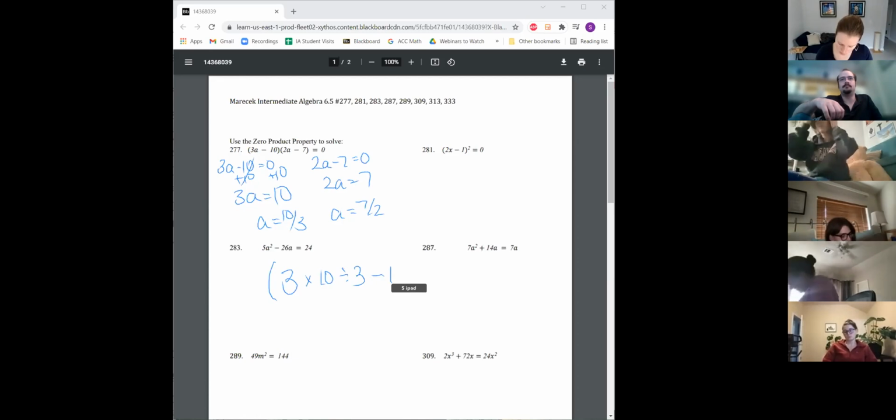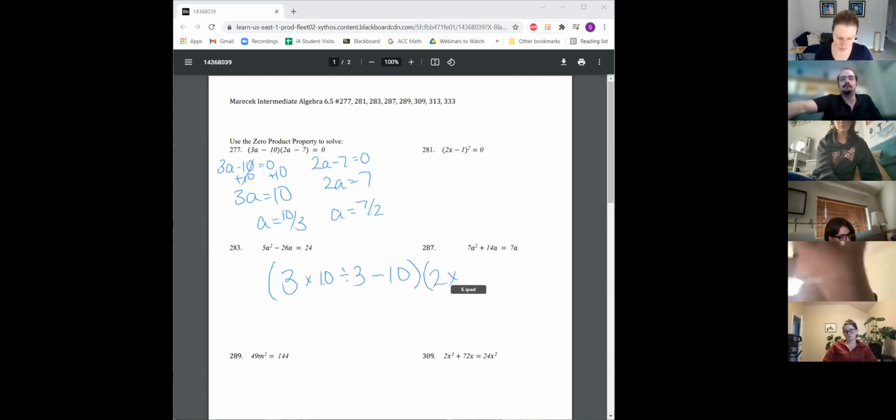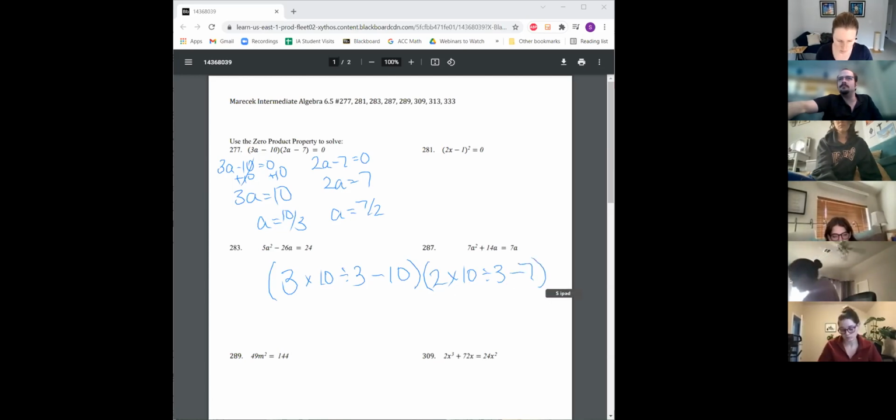Minus 10, close your parenthesis, open another parenthesis. Especially with a test coming up, we gotta know how to check, this is important. 2 times 10 over 3, and then minus 7. Close parenthesis. I got 0.